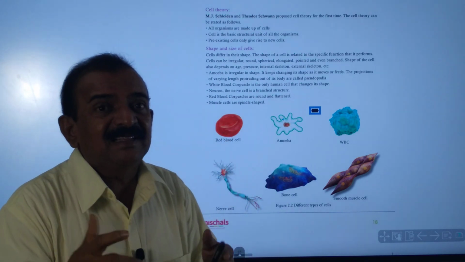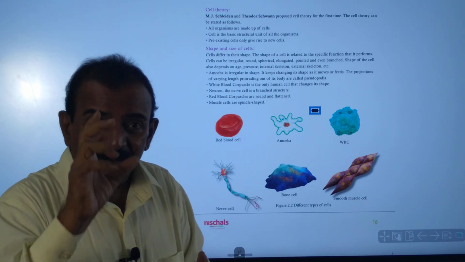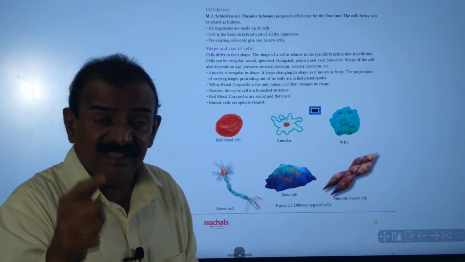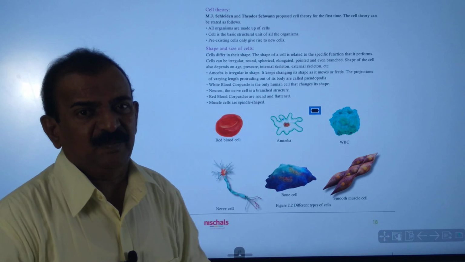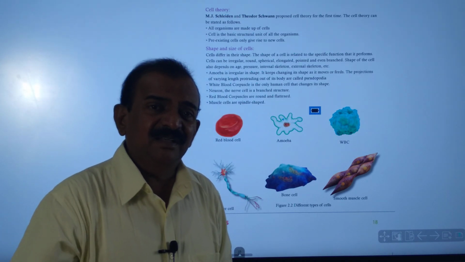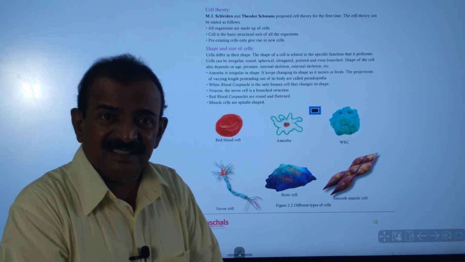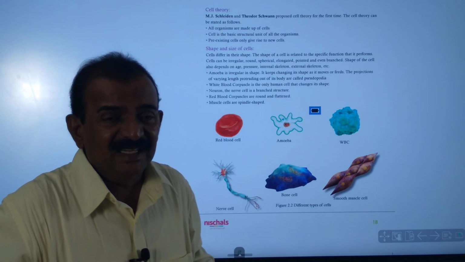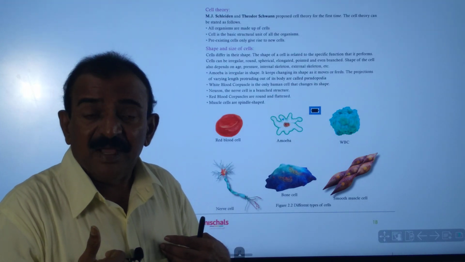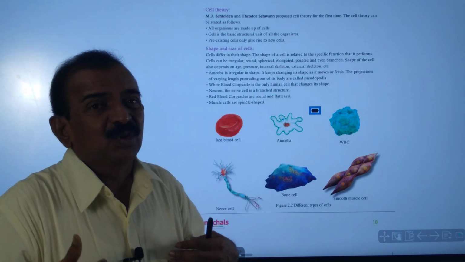Our brain consists of nerve cells, neurons, and the neurons are branched cells and they are elongated. The neuron is the longest cell present in living organisms. Cells are also present in other organs: in the skin, kidneys, heart, intestine, throat and tongue.